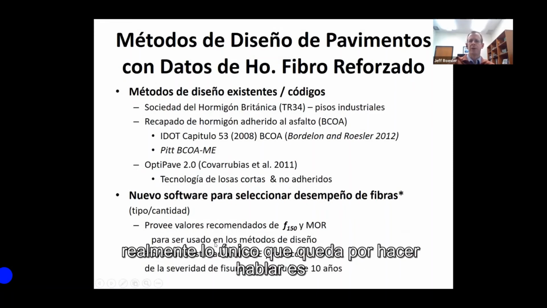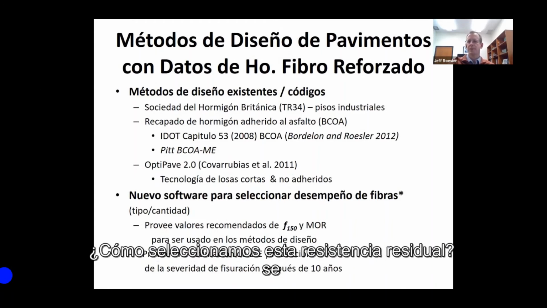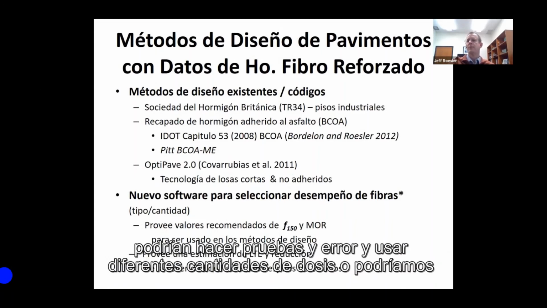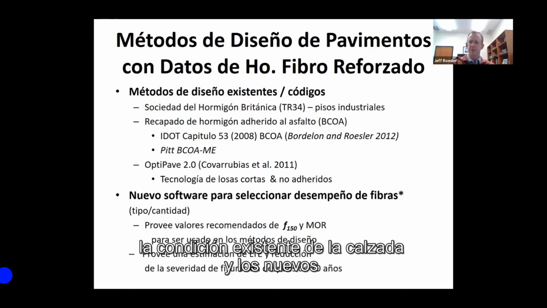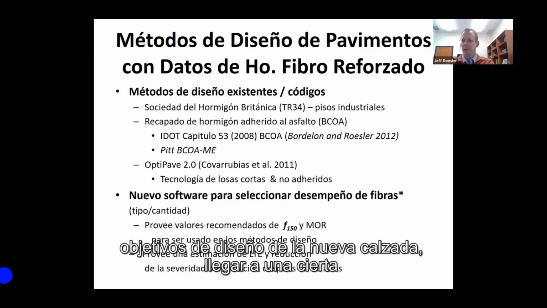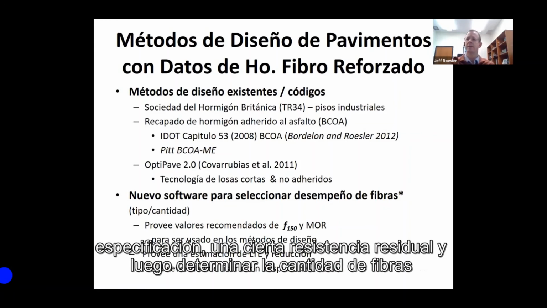And really the only thing that's left to talk about is how do we select this residual strength? We could do trial and error and use different dosage amounts, or we could use recommended residual strength depending on the existing condition of the roadway and our design objectives of the new roadway, specify a certain residual strength, and then determine the quantity of fibers.